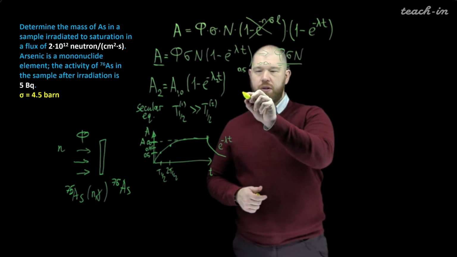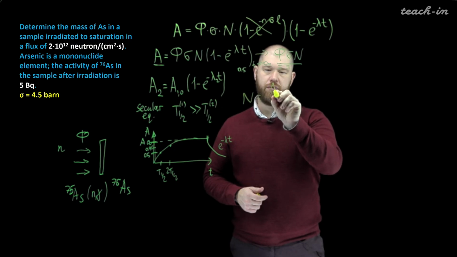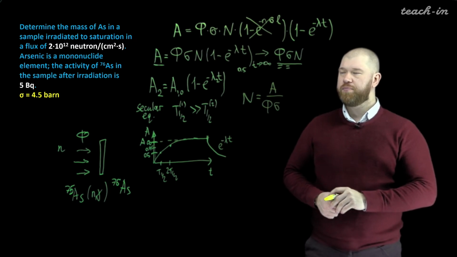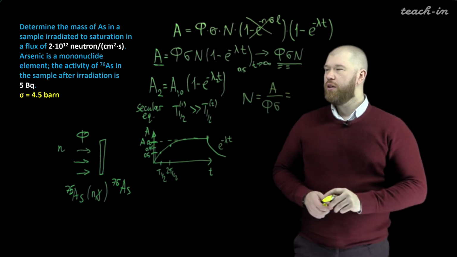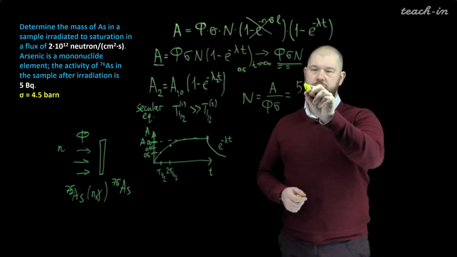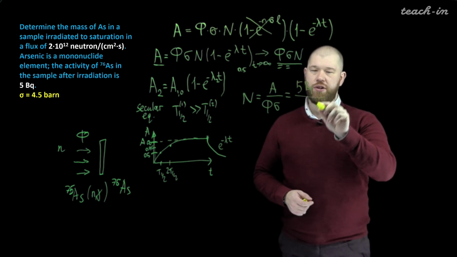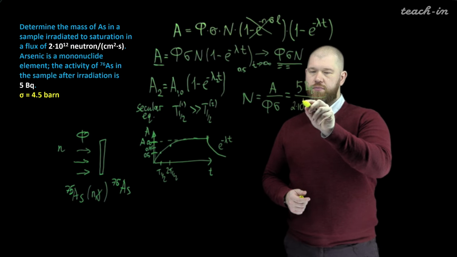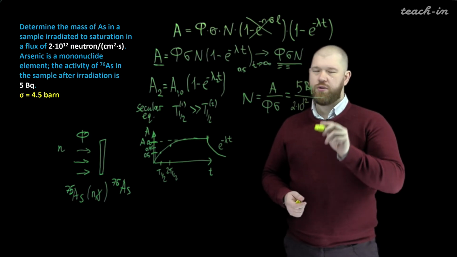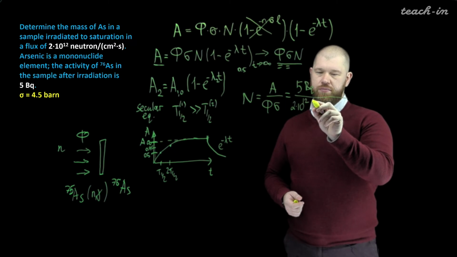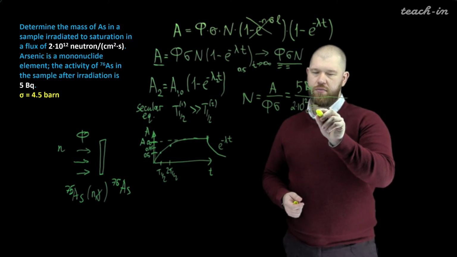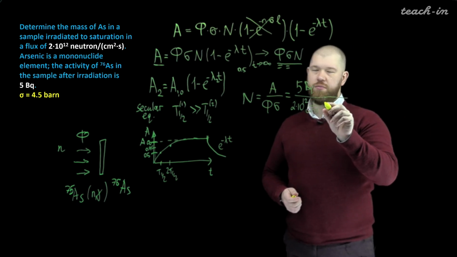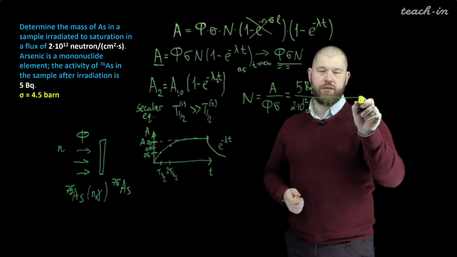So let's do it. The number of atoms will be the activity divided by the neutron flux and the cross section of the nuclear reaction. So we have 5 becquerels, or disintegrations per second. We have a neutron flux in neutrons per squared centimeter per second. And we have a cross-section value of 4.5 barns.